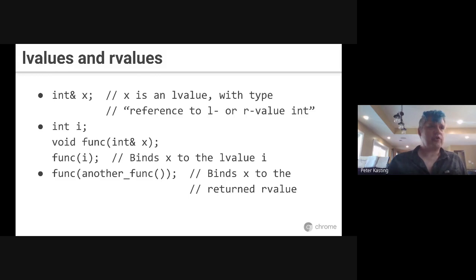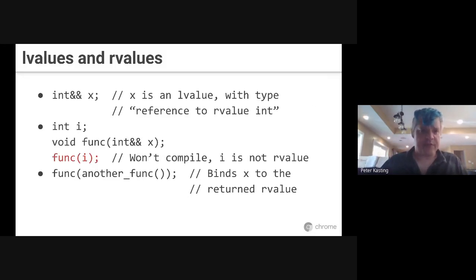And just because something is an L value or an R value and it's bound to the other type doesn't somehow flip it. This also gets at the case I mentioned earlier where you have this double ampersand.